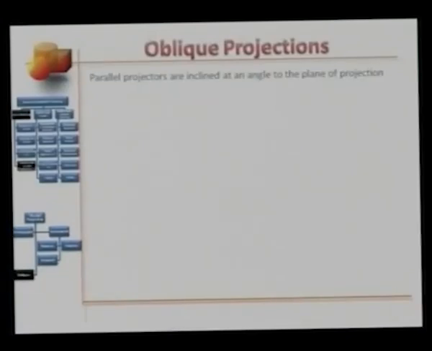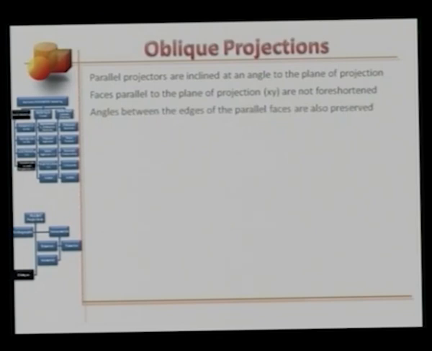Oblique projections. Parallel projectors are inclined at an angle to the plane of projection. Faces parallel to the plane of projection, in this case the xy plane, are not foreshortened. Angles between the edges of the parallel faces are also preserved.